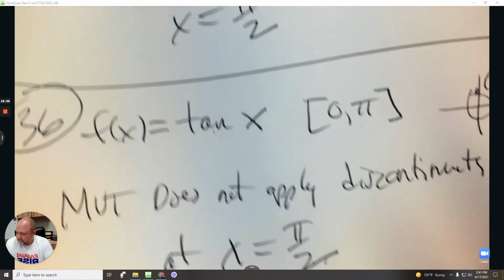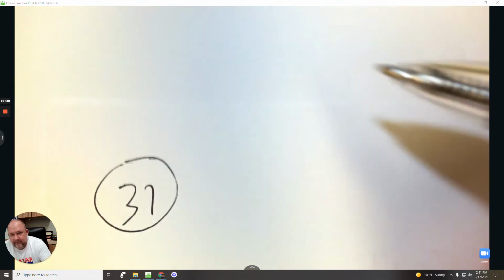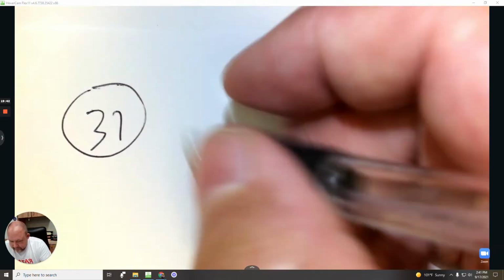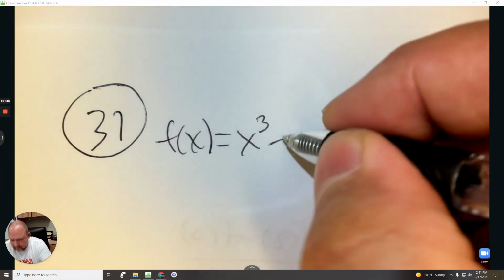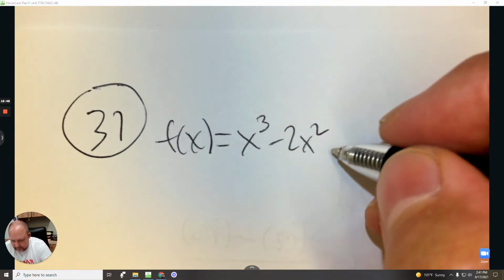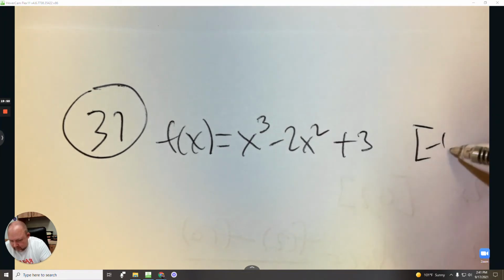37. And this, we may use a calculator. That's very nice. So f at x equals x cubed subtract 2x squared plus 3 from -1 to 2.